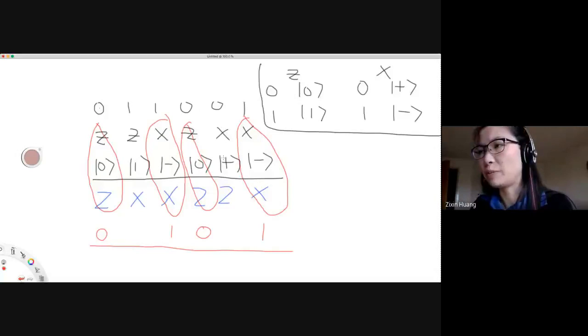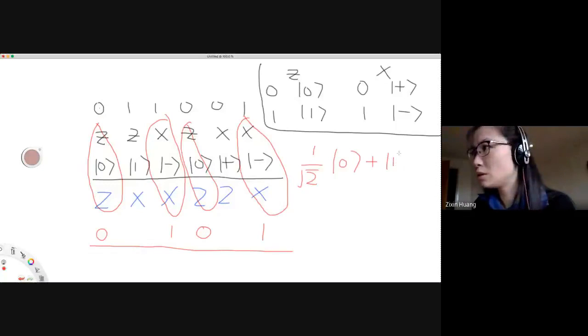So if Alice has prepared a plus state and Bob has measured in the Z basis, to make it even more explicit, if Alice has sent this state 0 plus 1, then by measuring in Z, Bob has effectively projected onto this basis that we did before.